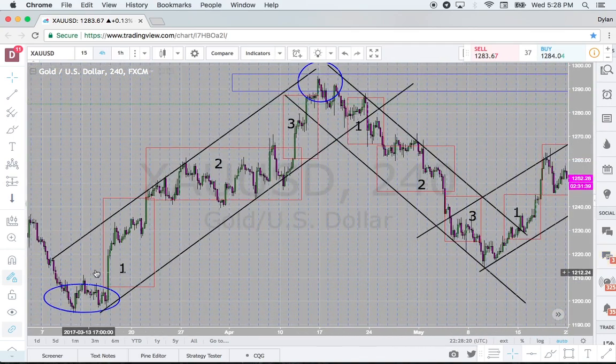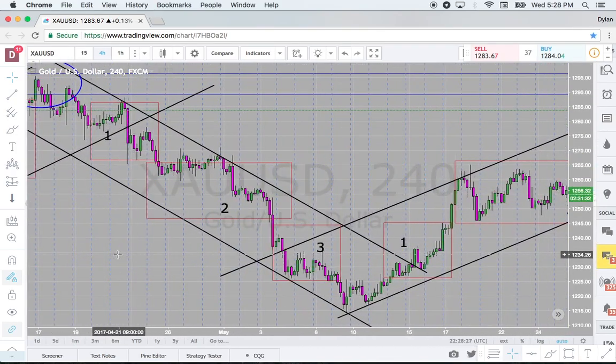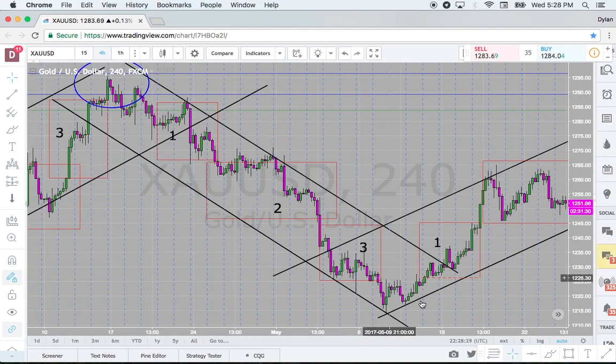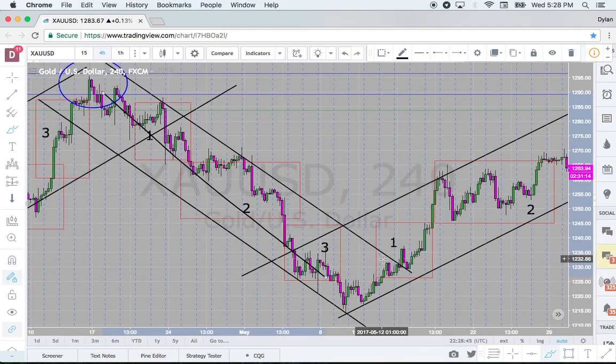Now, after 3 levels, let's take this for example. After 3 levels of that continuation of that downtrend here, that 3 levels downtrend, I explained to you earlier that retail traders would sell in this area.